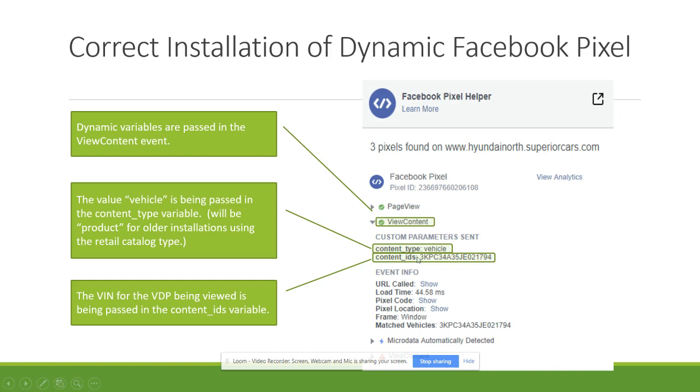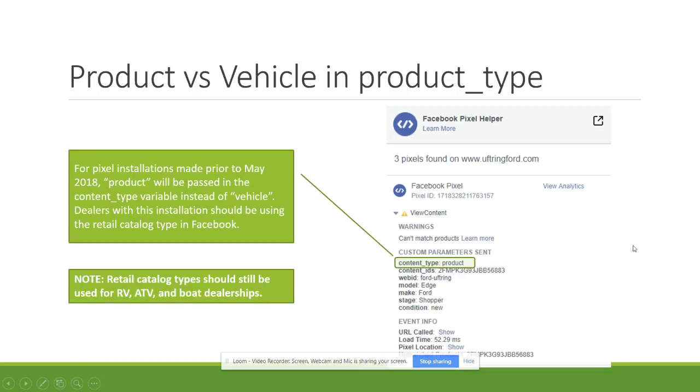You might notice, especially if you've been using the Hoop Monitor system for quite a while, content type might not be vehicle, it might be product, like this. And that's because prior to switching over to the automotive catalog type, which is relatively new with Facebook, we were using the older retail catalog type, and for all installations that were done for the retail catalog type, we used product.